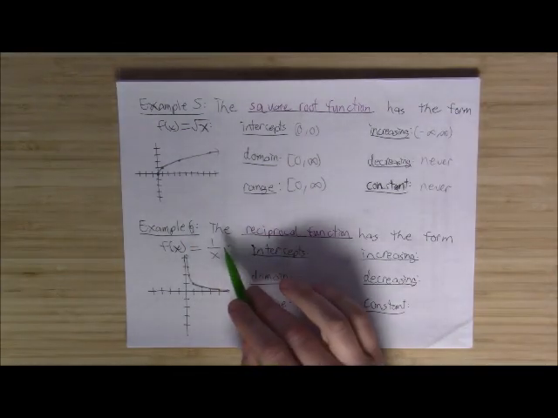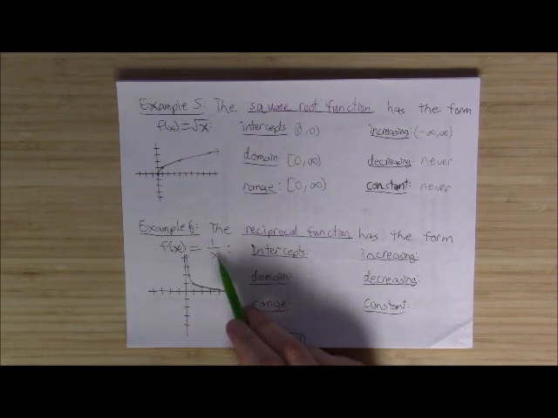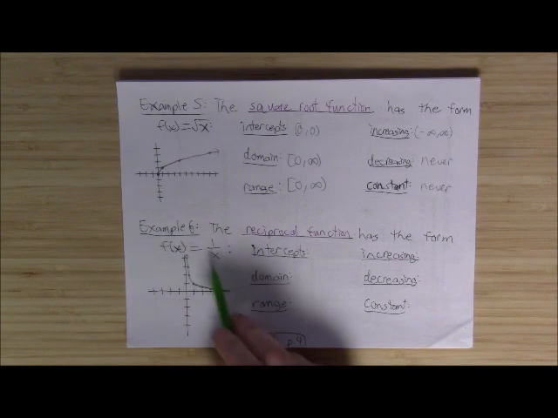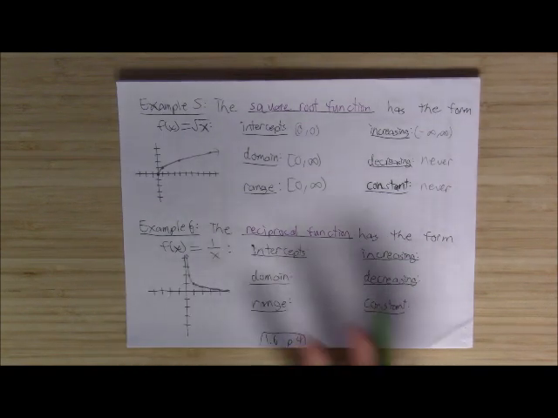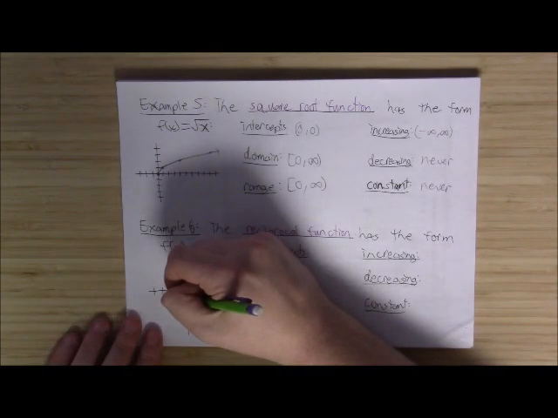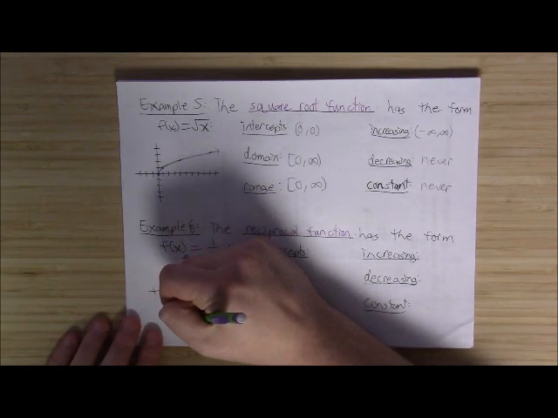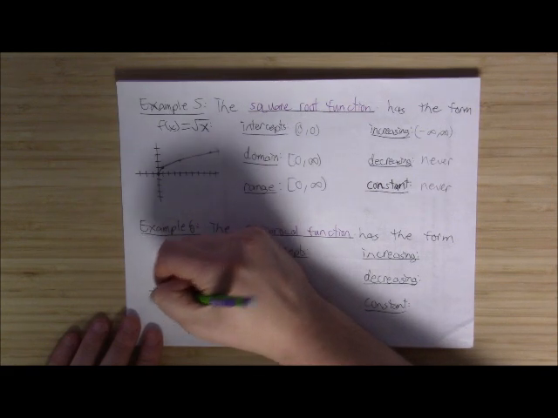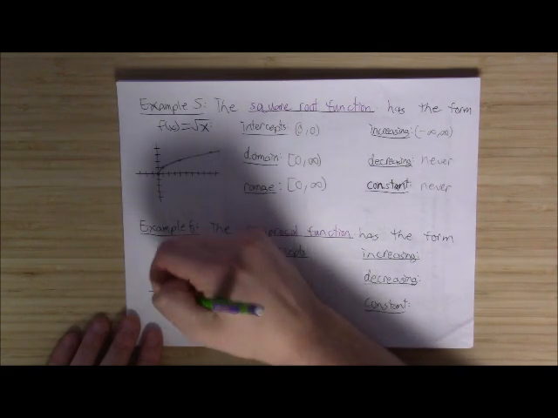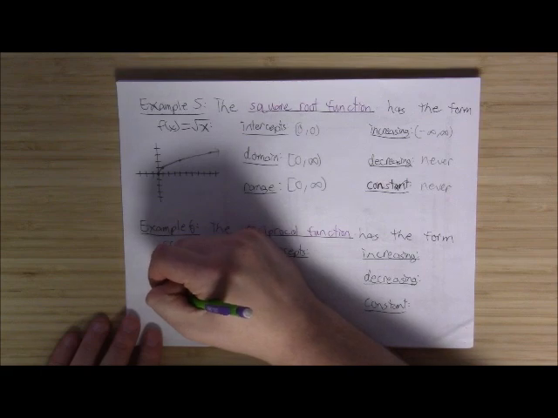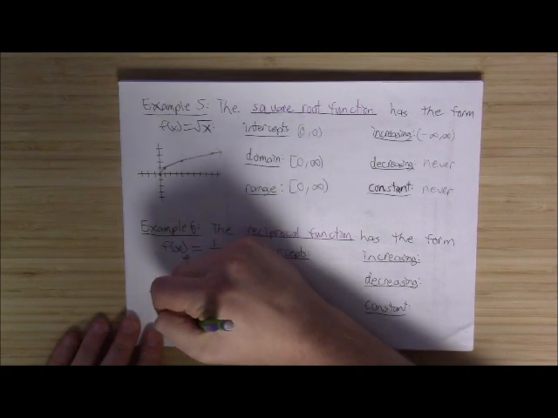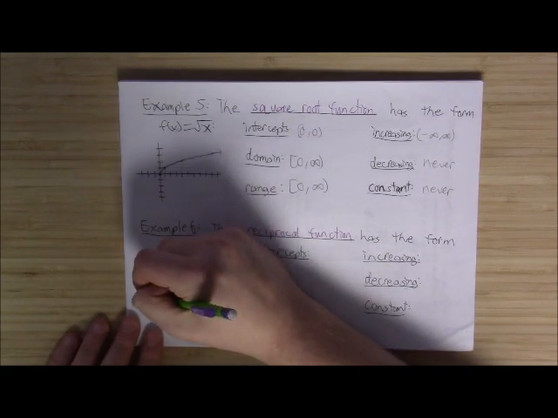But it's also symmetric about the origin, because if you plug in a negative, it preserves it. So essentially, what that tells us is we can use that symmetry to help us graph it.